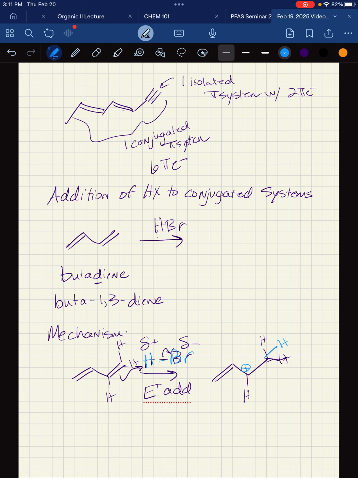Also, notice here that we have resonance. We have the allylic cation pattern here with the pi bond next to the atom with electron deficiency. So we're just going to draw the other resonance structure here.